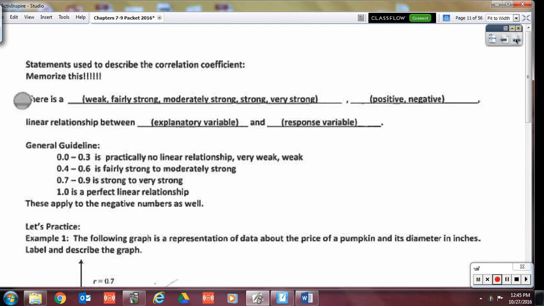All right, now let's talk about the phrase that you will use to interpret the correlation coefficient. You will talk about the strength and the direction. So you'll say there is a strong or a weak, and the direction is that there is a positive or a negative.